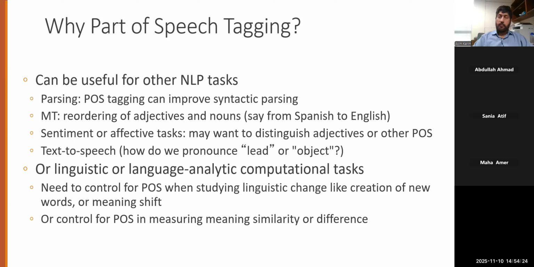So that is pronounced differently. So only if you have POS can you tell the text to speech system how to pronounce it. Again, similarly for read and read, past tense and present tense, that would be more fine-grained POS tagging. So that is also possible. But if you just do verb, then read and read would both be verbs.